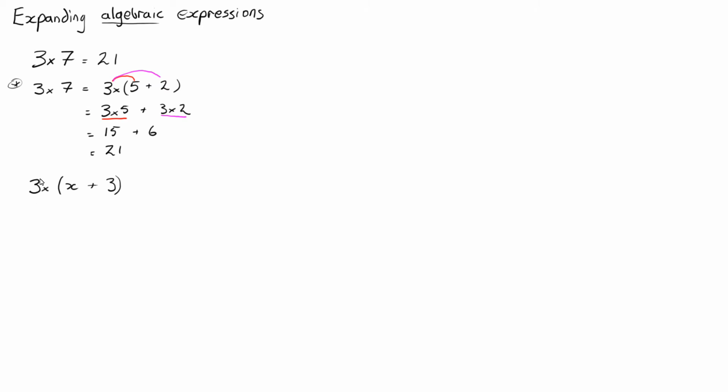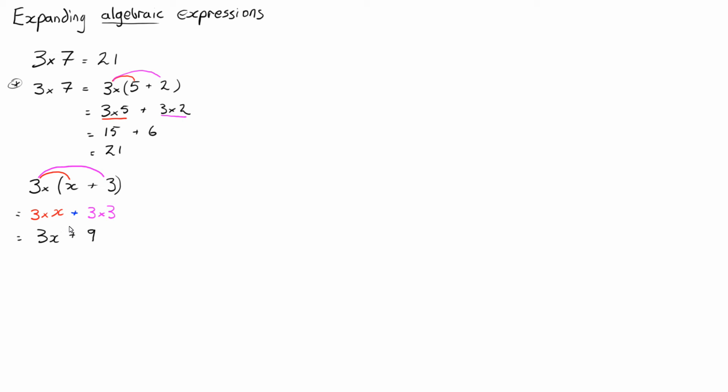This 3 is going to get multiplied by the first number in the brackets, which is x. So 3 times x. And then I'm going to multiply the 3 by the second number in the brackets, 3 times 3. And finally, we've got an addition in the middle, so let's keep that there. 3 times x would give me 3x, and 3 times 3 would be 9, so plus 9.